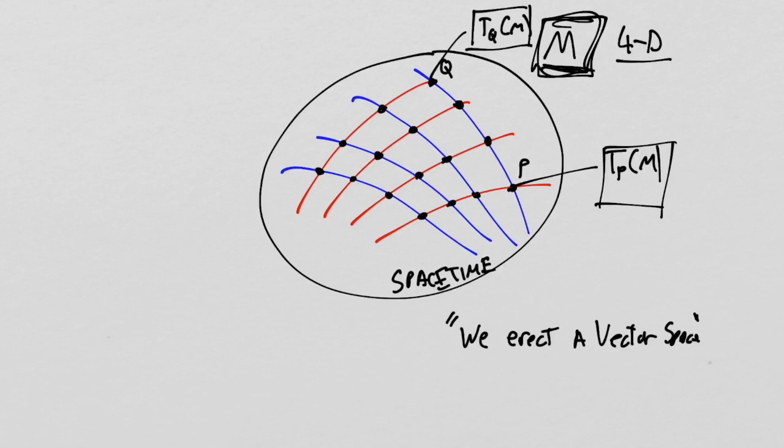We don't erect these vector spaces. They are there automatically. A manifold, by its very nature, has a coordinate system, as we've already talked about, but by its very nature, it also has these vector spaces at every point in space-time. You can't have a manifold without tangent spaces.